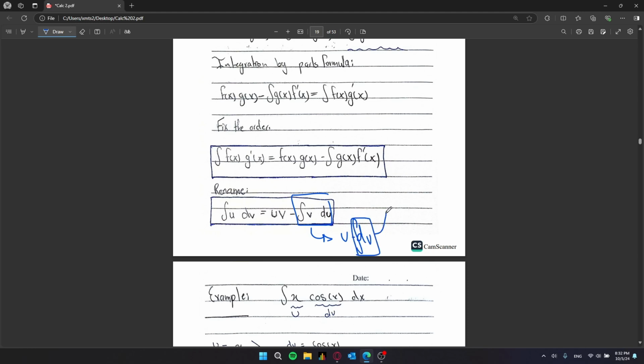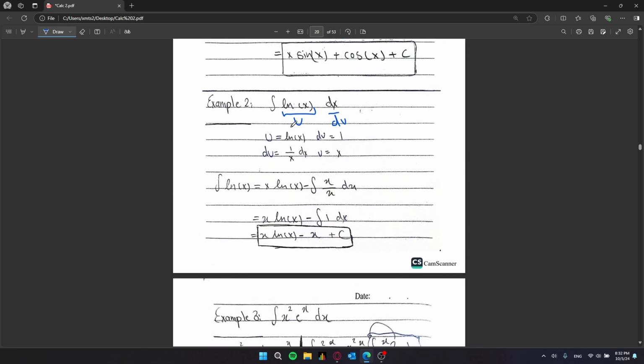If you are repeating this cycle a lot of times, then pause and go back to the question and change your choice: this is u, take it as v, and this is dv, take it as du, or take this as dv and take this as u.